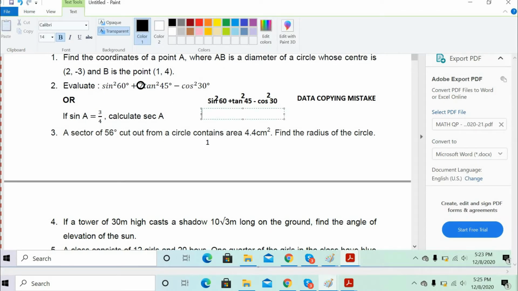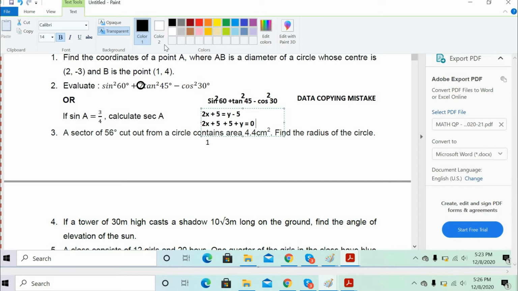Let's say 2x plus 5 equals y minus 5. By mistake, if I enter the data like 2x plus 5 equals, and by mistake I put plus y equal to 0.